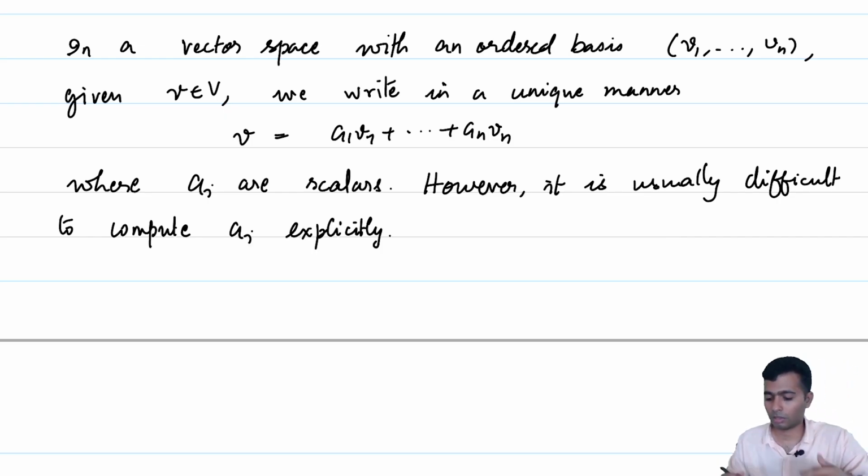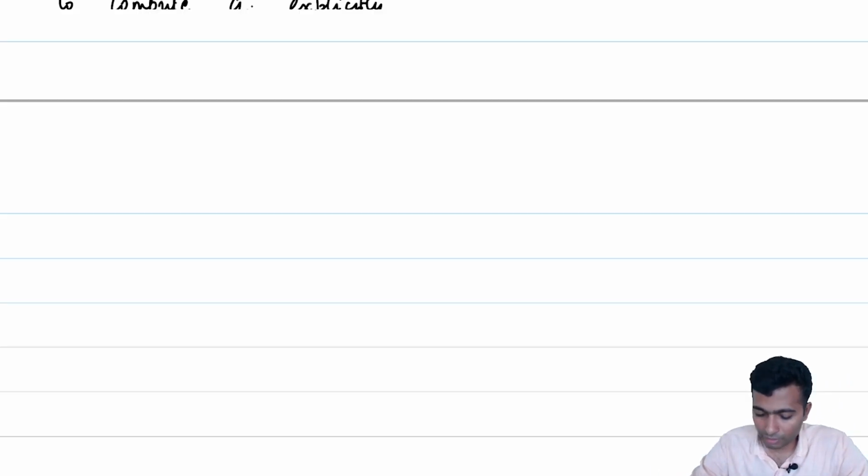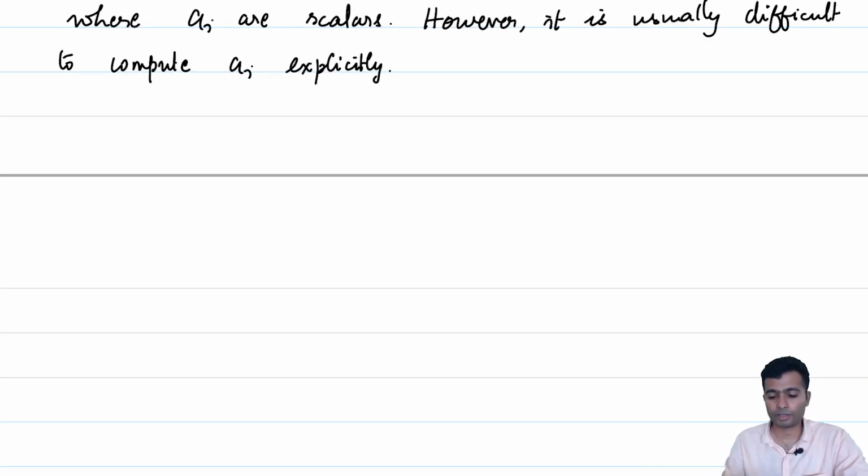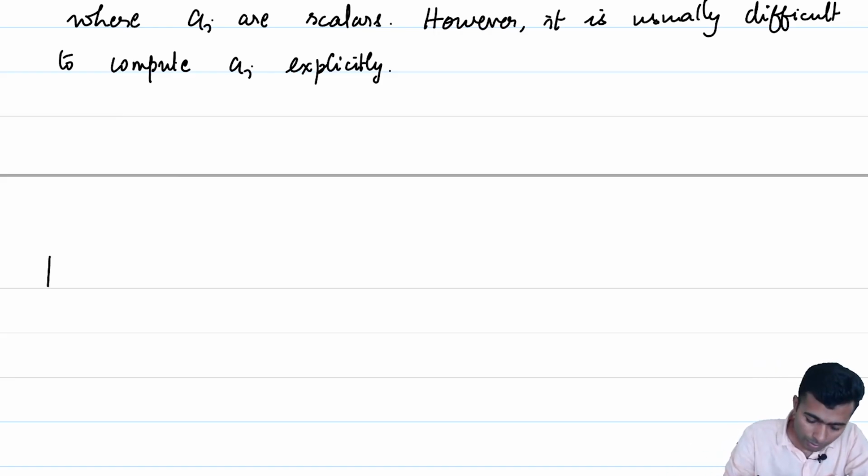Even in small vector spaces like R3, R4, it's in R2 I wouldn't say it's very difficult, but in R2, R3, R4 itself it starts becoming quite tedious.